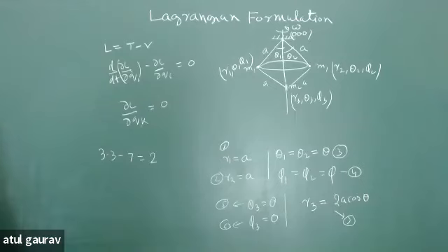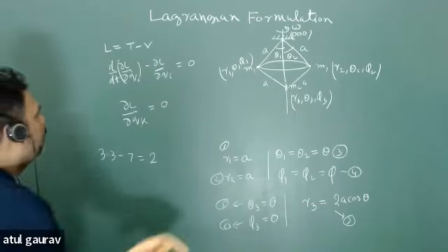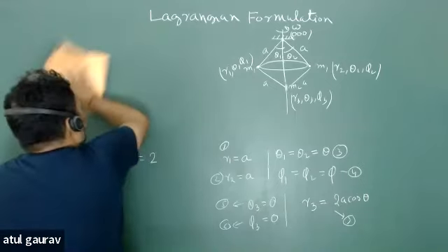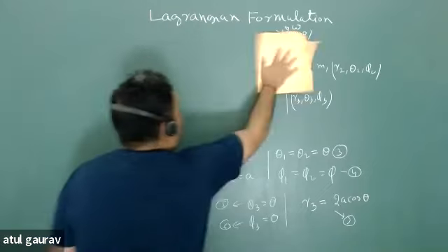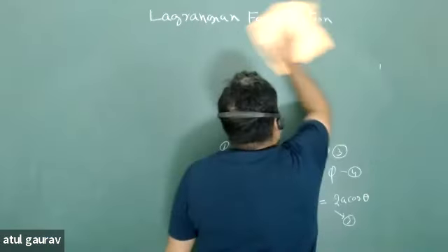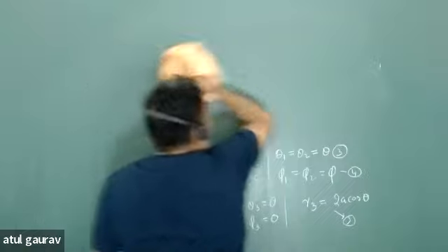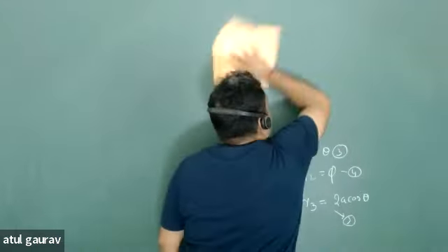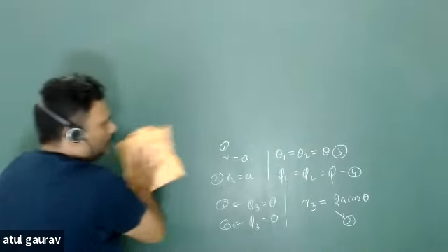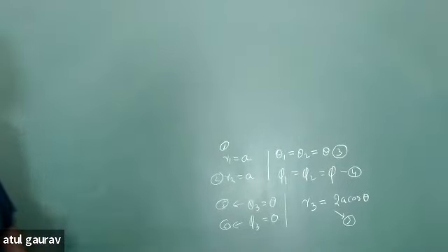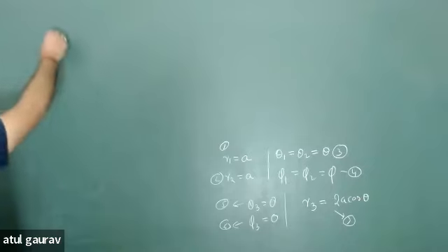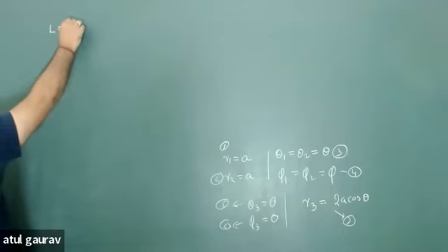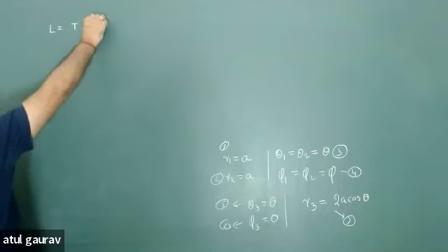Okay, so let's go for the Lagrangian of the system. For the first particle, the Lagrangian is nothing but kinetic energy minus potential energy.